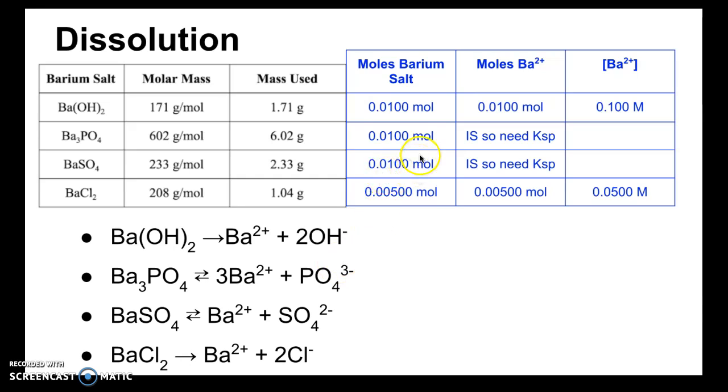So with that being said, I'm now going to calculate my concentration of barium ions. For that, I'll solve for the moles of barium salt, which I did simply by doing mass over molar mass. Now, on an AP exam, this would be a multiple choice or a part 1 section question, and on those questions you're not allowed to use a calculator.